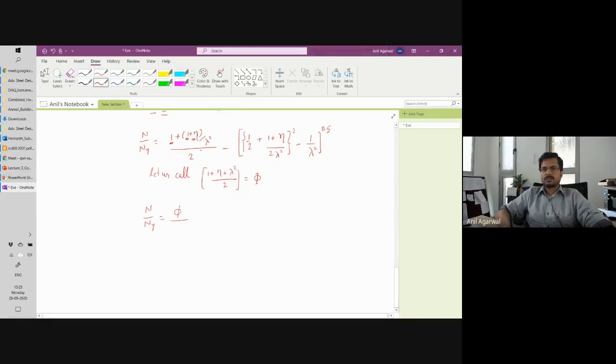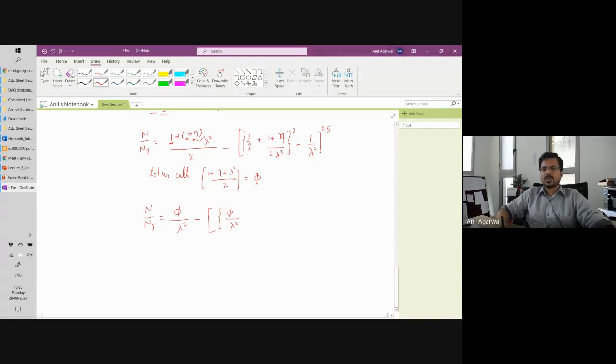So 1 plus eta plus lambda square divided by 2 will be equal to phi divided by lambda square minus, sorry, not phi square, N divided by lambda square. Same thing I'm doing here.